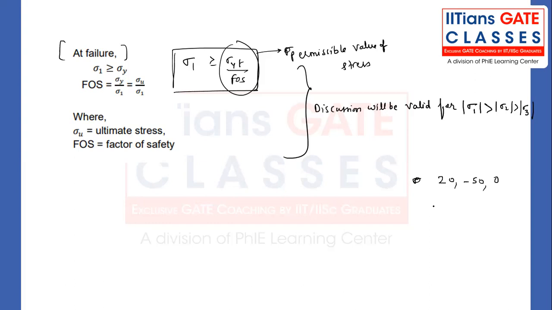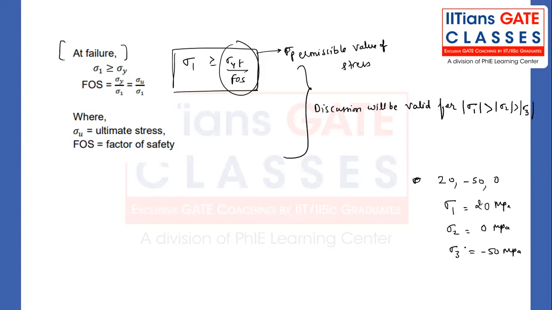If I ask you what is sigma 1, the major principal stress, you have to tell 20. Minor principal stress, what you have to tell? That is 0. The least value will be minus 50 megapascal, my dear. So the larger negative value will be the least, or we say the minor principal stress.